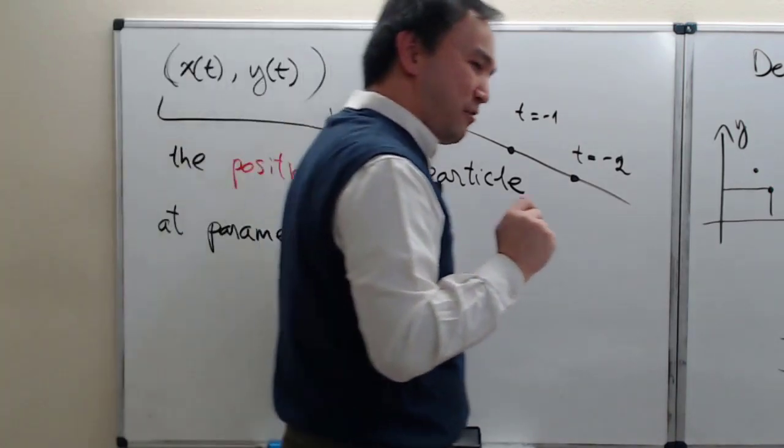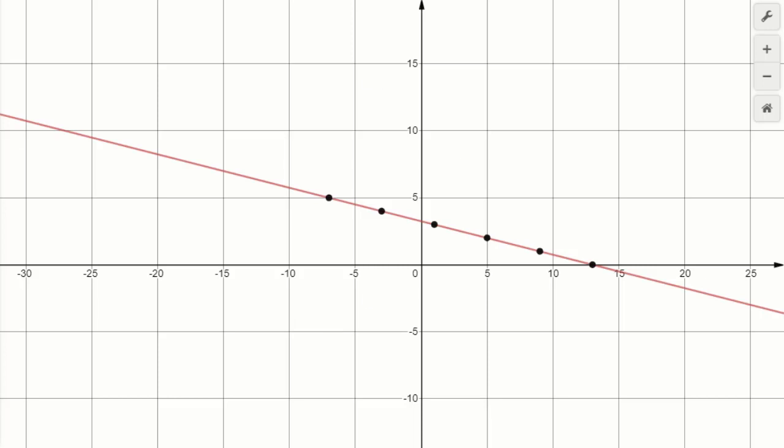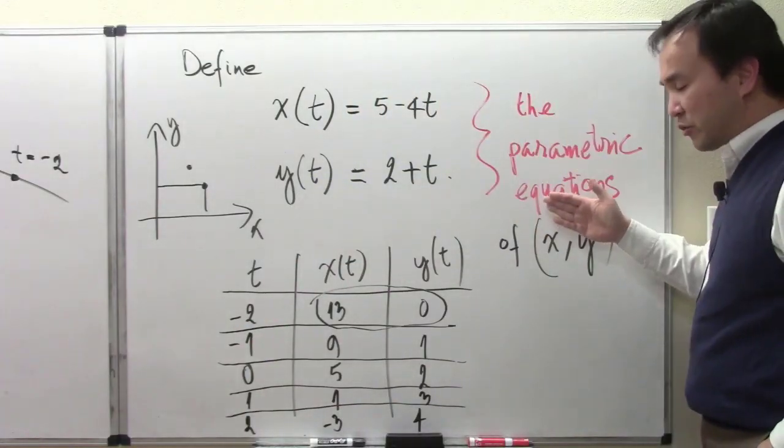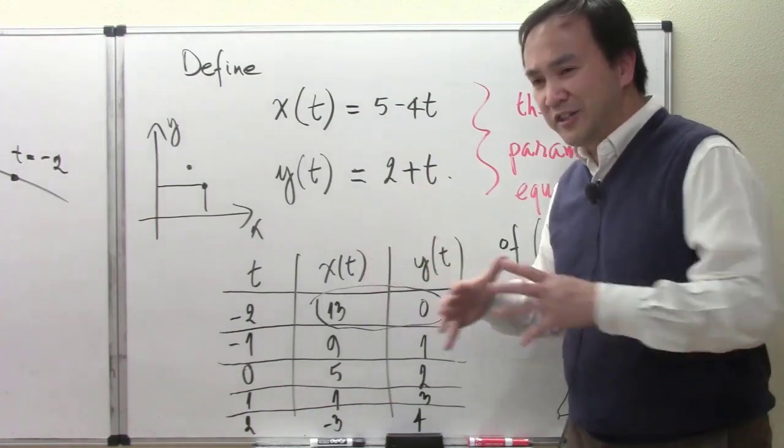As the t value changes, I keep going steadily for t equals 3 and t equals 4, and so on. These positions that pop out as plotted points actually represent the direction of our motion. Imagine that we have a particle moving on this path. This pair of parametric equations we're describing here is not just to show the plot.